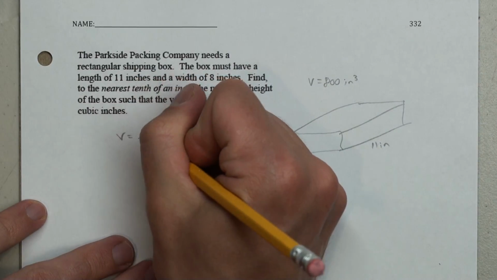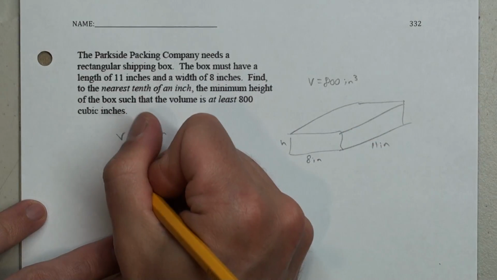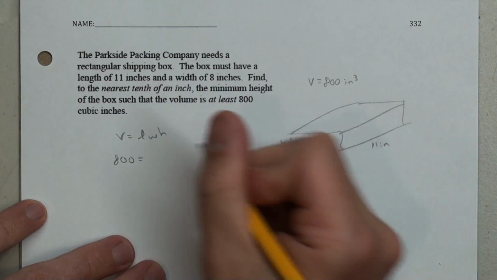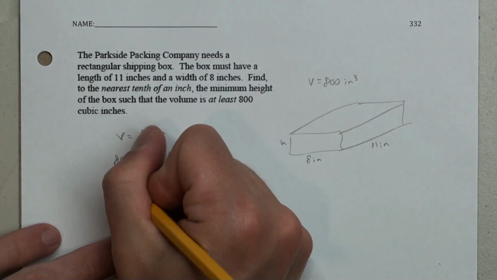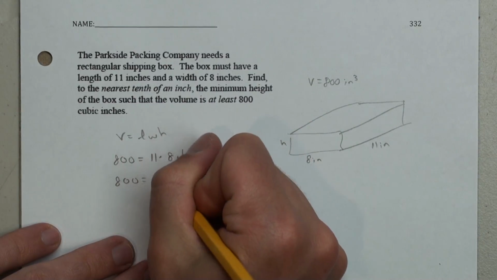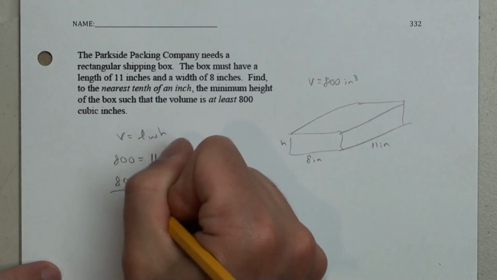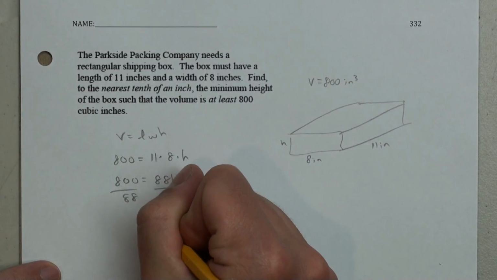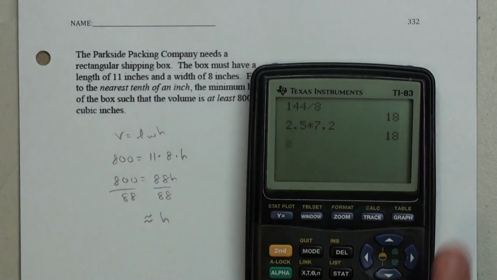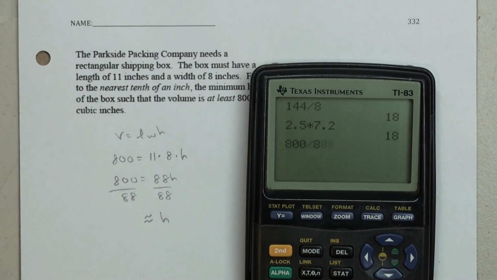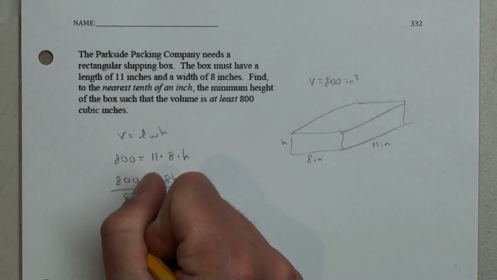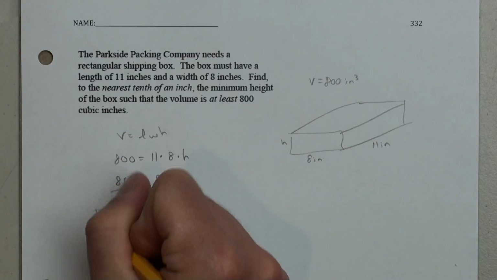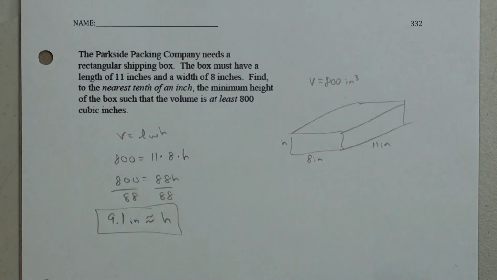So V equals length, width, height. 800 equals 11 times 8 times H. 800 equals 88H, divided by 88. The height is approximately 9.1 inches.